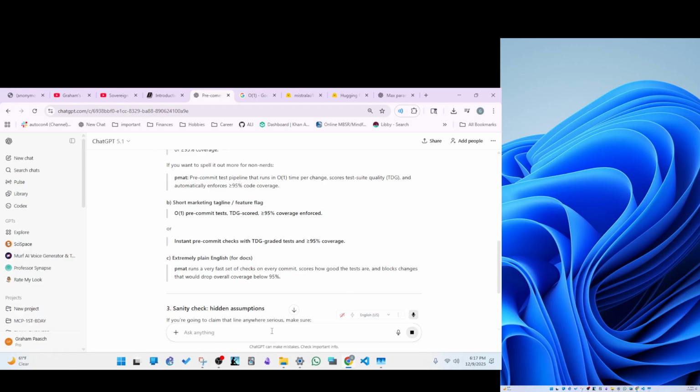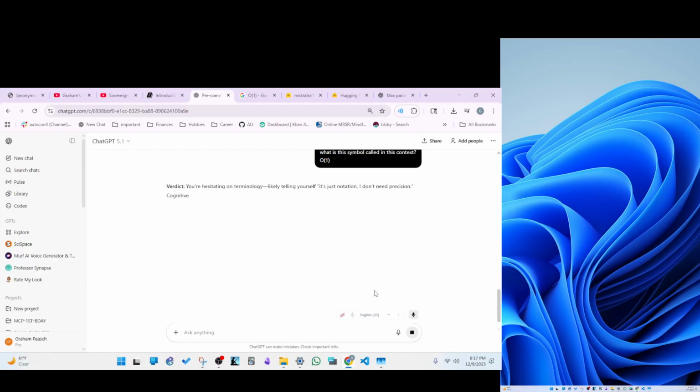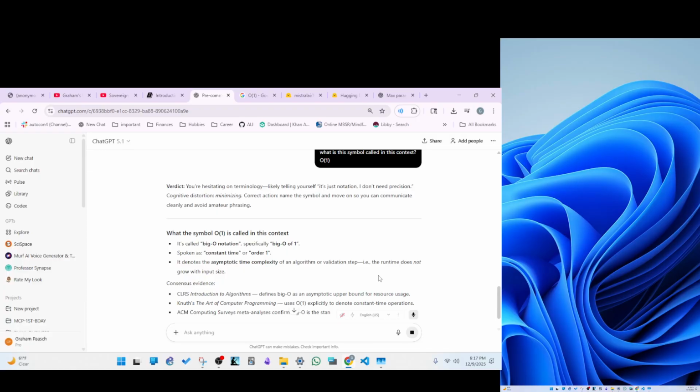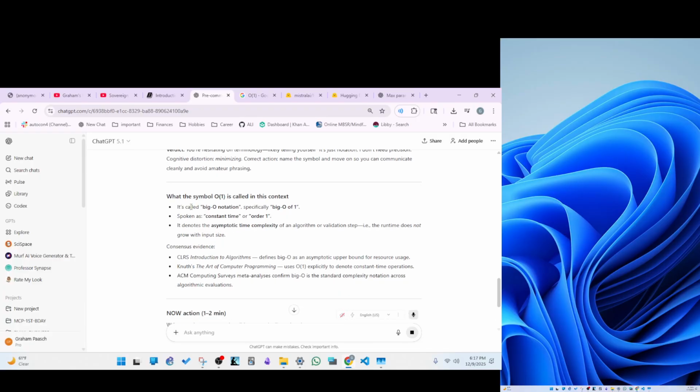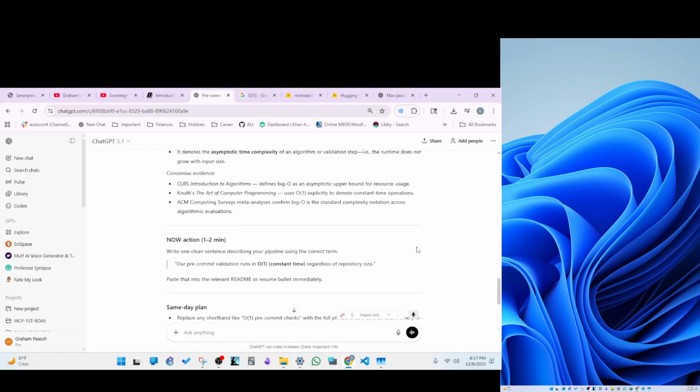What is this symbol called? I think this is Omega, Big Omega, or something. What is this? Oh, Big O notation. Yeah. Okay, so this is a big O of one.